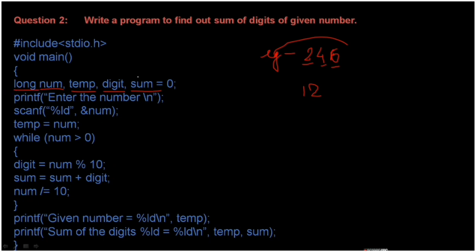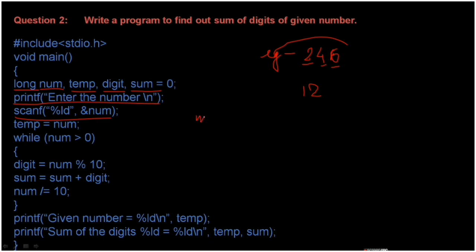We have initialized sum with the value 0. printf enter the number, so we need to enter the number. Let's suppose we have entered 246. printf will print enter the number on the console screen, and scanf will take the number from the keyboard, that is 246, in num.